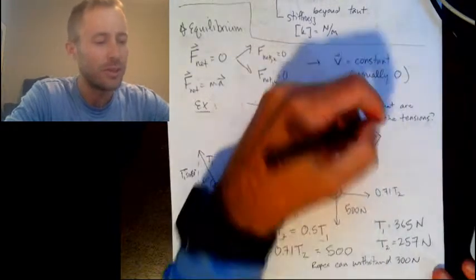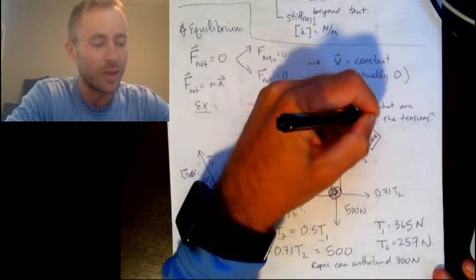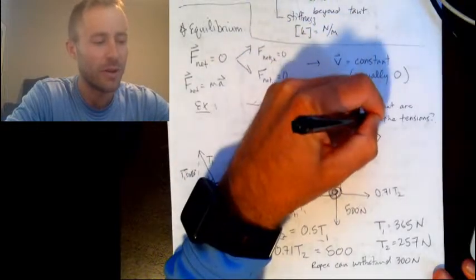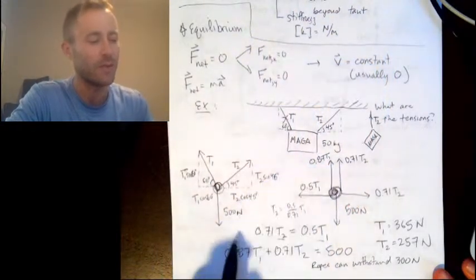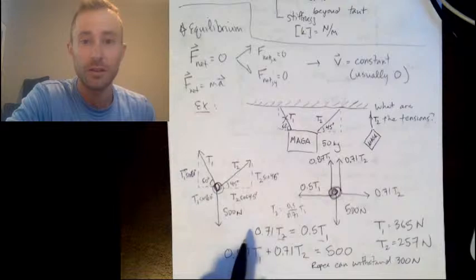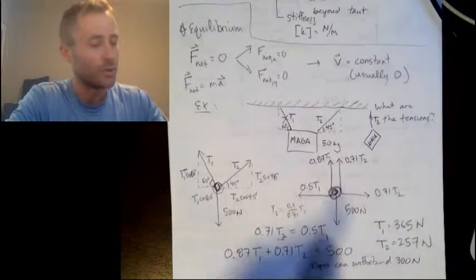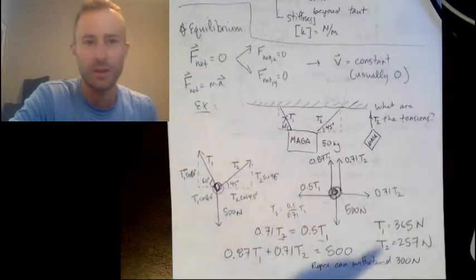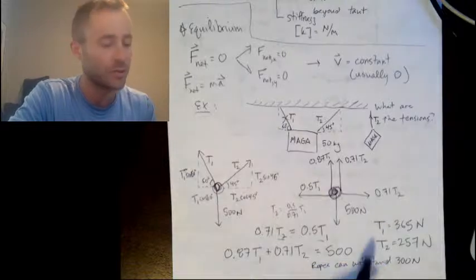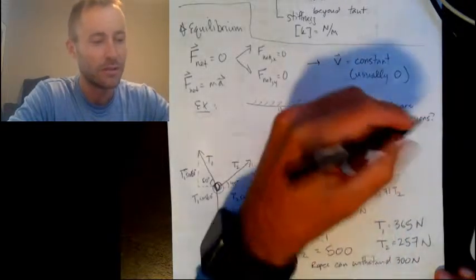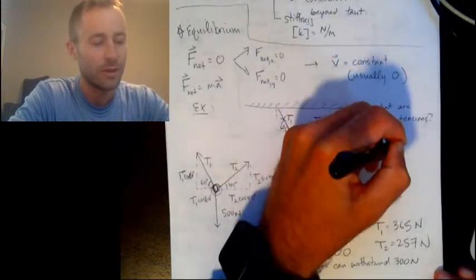And now T2 is bearing the entire weight of the sign, which is 500 newtons. So once T1 breaks, T2 is going to eventually become 500 newtons, which is also greater than 300. So that rope is going to break, and then the sign falls.